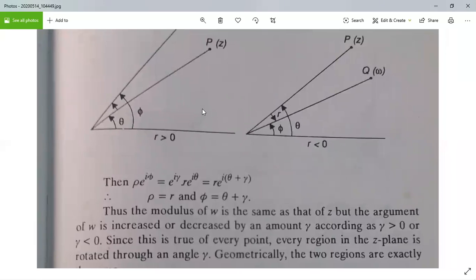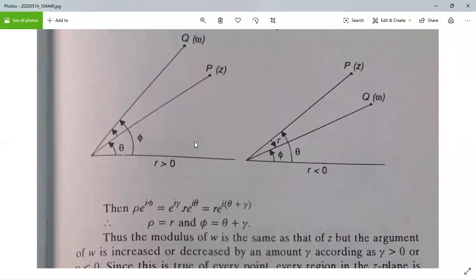Then see from the figure that rho e to the power i phi can be written as e to the power i gamma into r e to the power i theta, which is r e to the power i (theta plus gamma), because this angle is gamma, this angle is theta, and this one is phi.